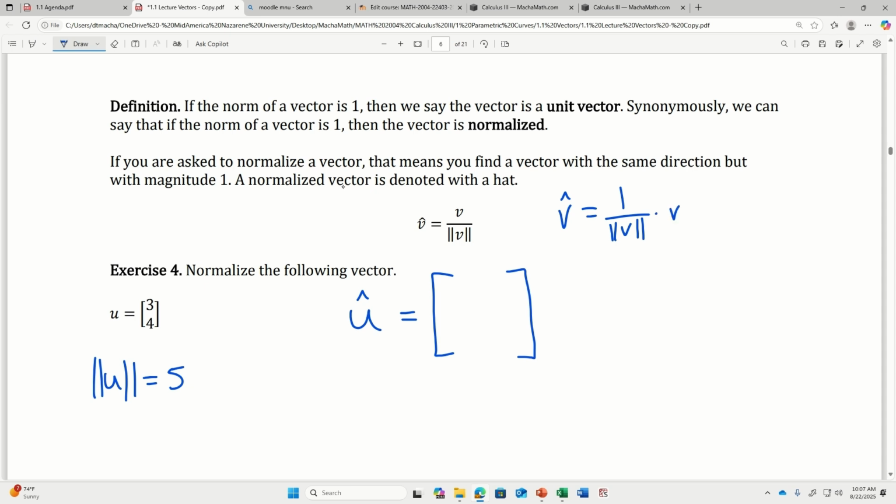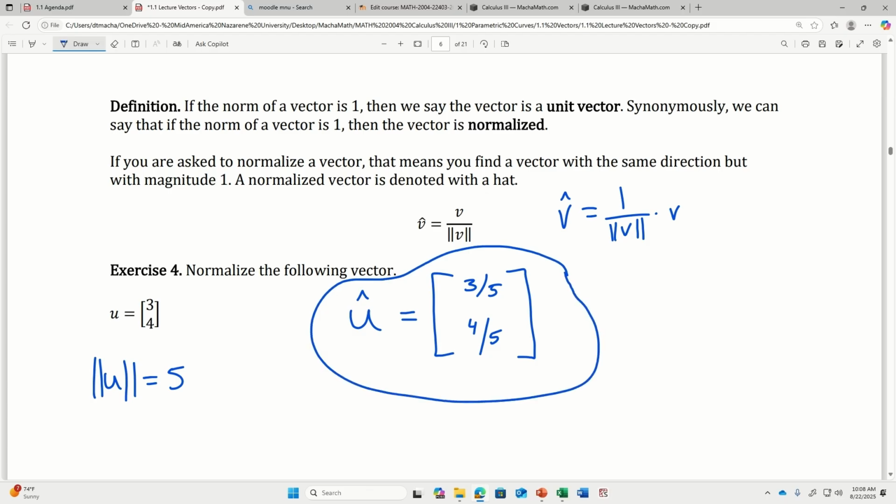And when we multiply a vector by a scalar, like we multiply the vector u by 1/5, we are going to multiply both of the entries by that scalar. So it's 3/5, 4/5. That's my normalized vector. And now if you go back and you take the norm of u hat, you should get 1.